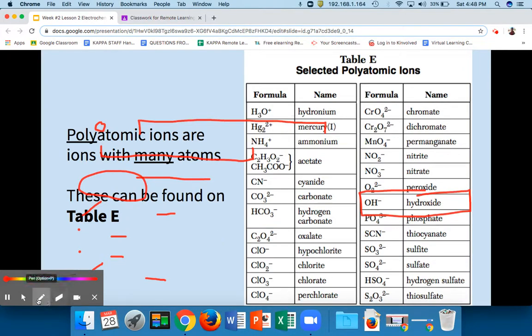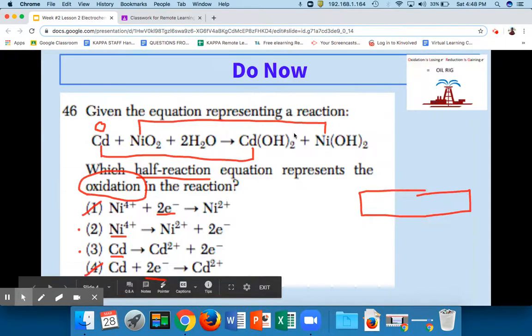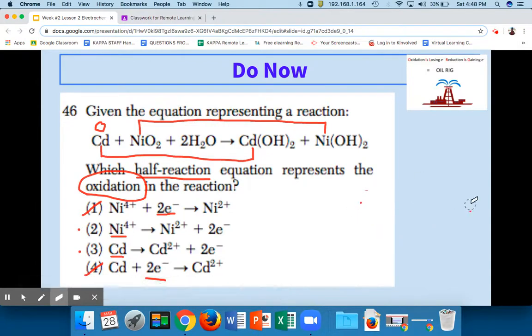So I'm going to remember that as I go back to my question. So with knowing that OH has a -1 charge, and we see that there's two of them, so this gives us a -2 overall, cadmium must be a +2.